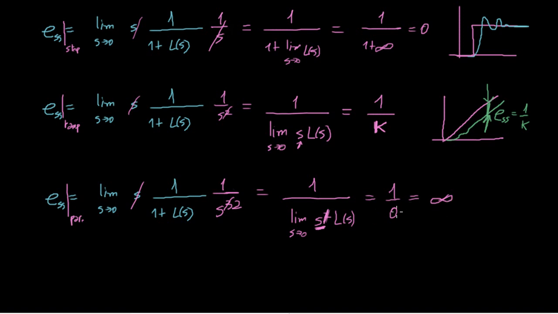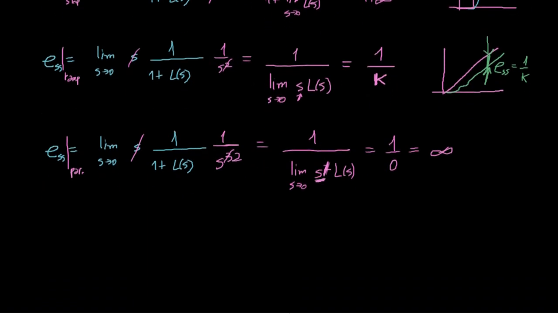Okay, I don't want this video to be very long, so I won't repeat the calculations for systems with 2 integrators, but please do them, and you'll find out that for such systems, both the ESS for step and the ramp error are 0.